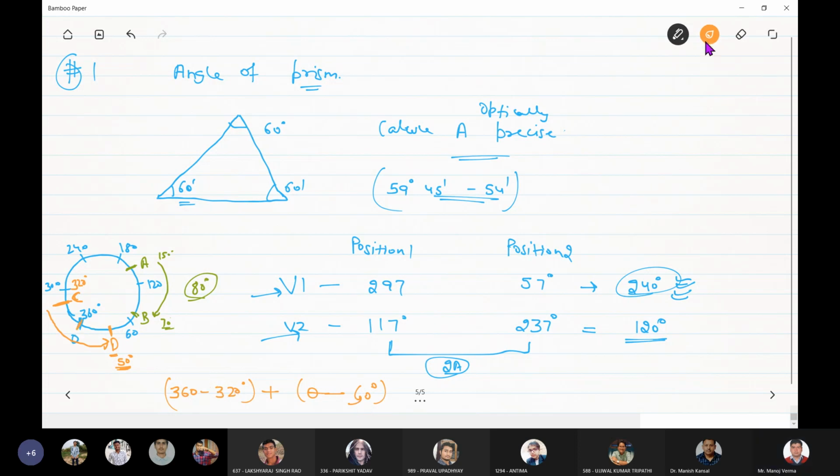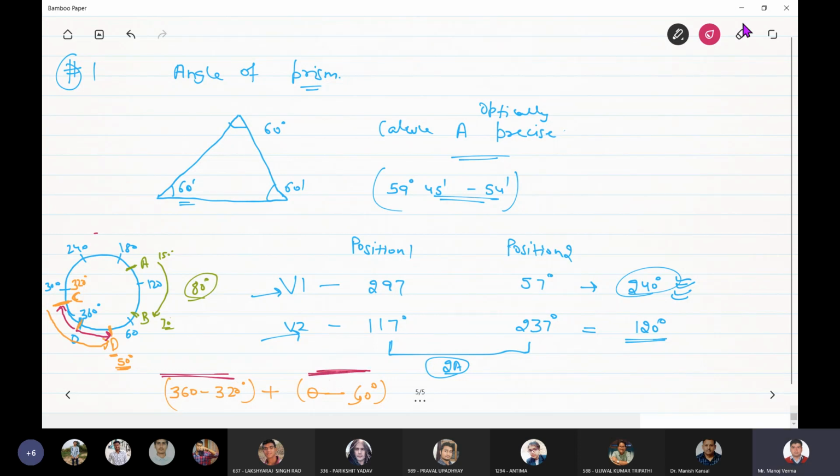Because the total angle covered by the telescope during this motion is only this one plus this one, right? This part can be calculated by 360 minus 320, and this part can be calculated from 0 to 50.